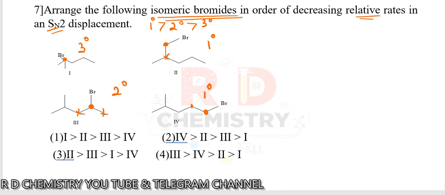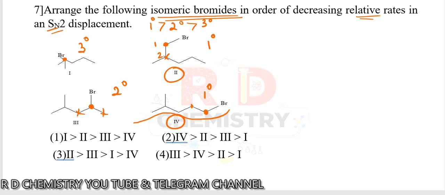In this, there are two primaries: example number 2 and example number 4. Now if you see example number 4, it is a linear chain with branching at the end, so the branching and the Br are away from each other. In example number 2, the branching starts on carbon number 2.